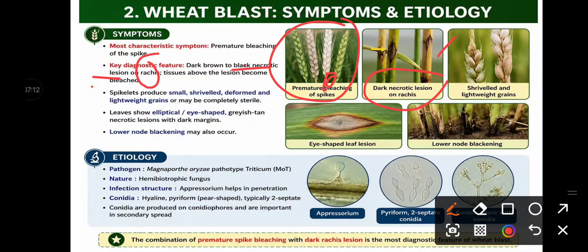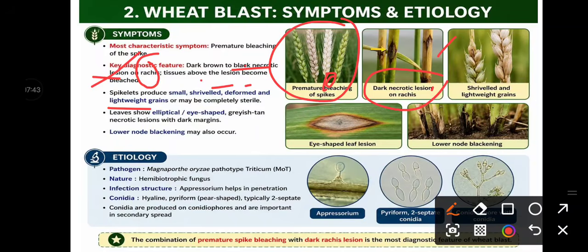So this rachis infection blocks the transfer of photosynthates into the grains, and ultimately the portion above the black necrotic lesions on the rachis becomes bleached. Ultimately this results in small, shriveled, deformed, lightweight grain, obviously because of no translocation of photosynthates.